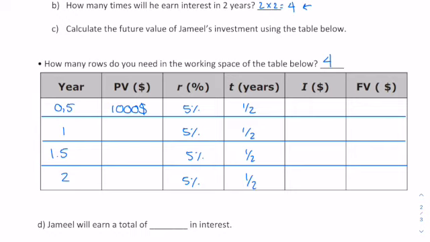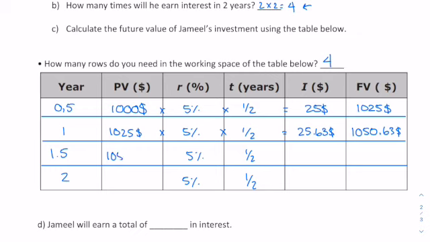Now we're going to calculate the same way. 1,000 times 5% times 1/2 gives you $25. Your future value is now $1,025. That future value comes down here and gets calculated once again to give us $25.63. You add that to your present value of that year and you have $1,050.63.